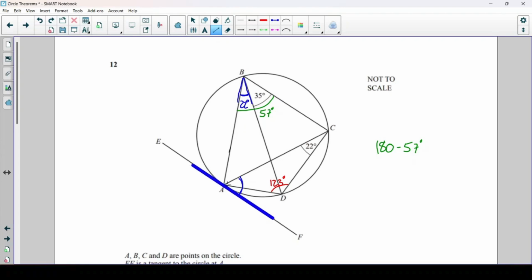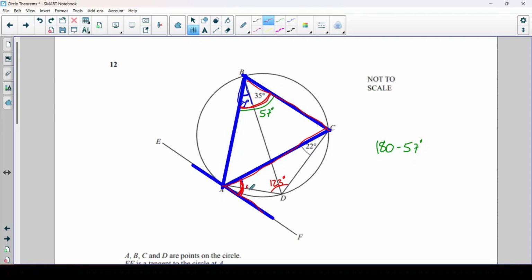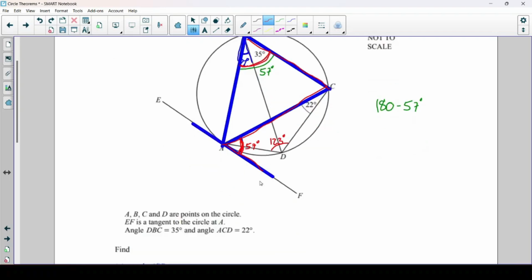Here's the triangle that angle is kind of adjacent to there. And again, let's have a look at the kind of Z shape, but not the alternate angles. So that's the angle I want. At the end of that Z is that there. That whole angle is 57 degrees in that triangle. So this one here is also 57 degrees using the alternate segment theorem.